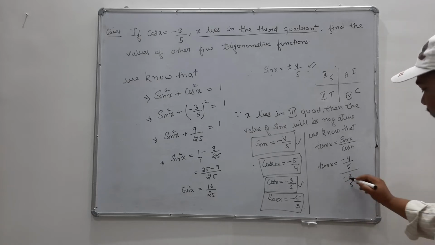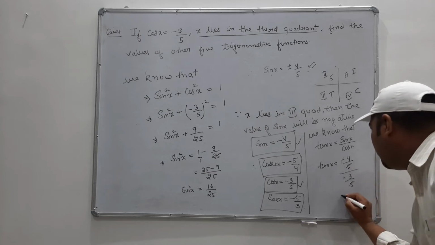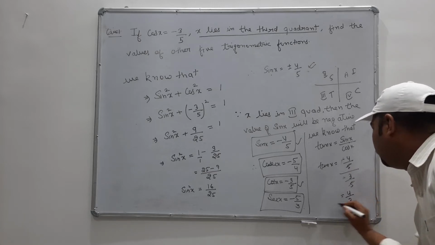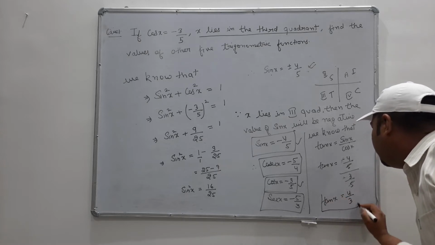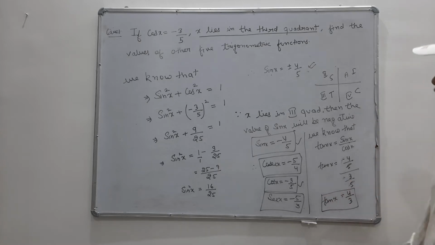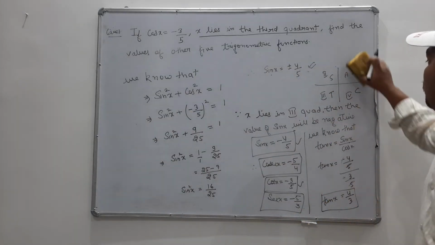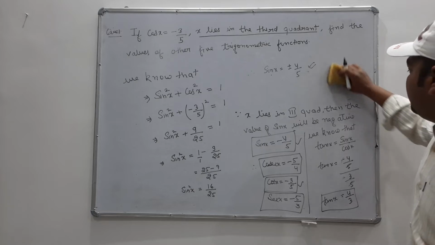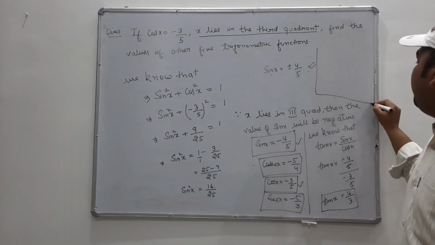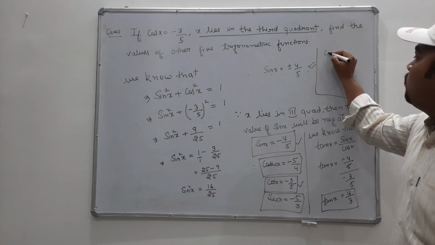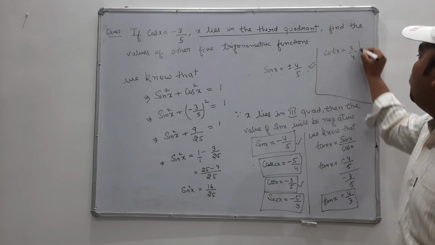By solving, minus 5 cancels, remaining is 4 upon 3. So we will get the value of tan x is 4 upon 3 and the reciprocal of tan x is cot x. So the value of cot x is equal to 3 by 4.